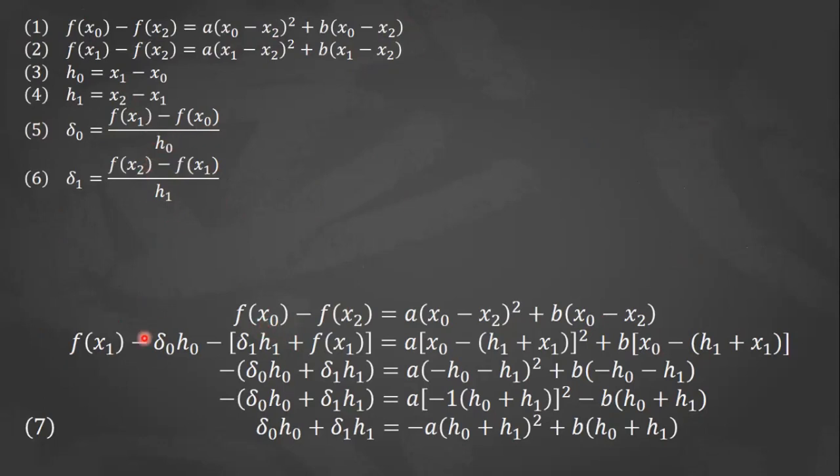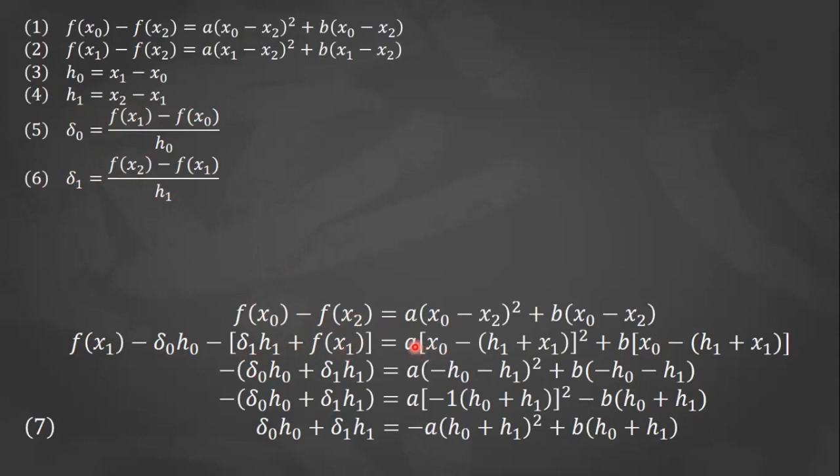That is equal to f of x sub 1 minus delta sub 0 h sub 0, right? It looks like this in equation 5. Then f at x sub 2, likewise from equation 6, f at x sub 2 will be equal to delta sub 1 h sub 1 plus f at x sub 1.